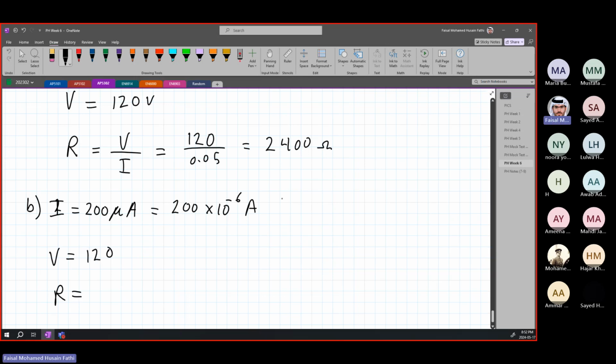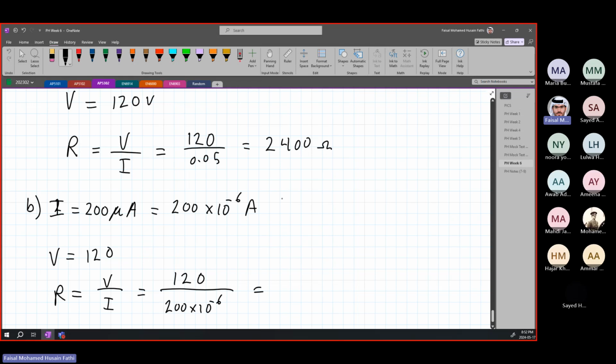We apply the same exact equation, V divided by I. This is going to give us 120 divided by 200 times 10 to the negative 6, which is equal to 600,000 ohms, or you can say that this is 600 kilo ohms.